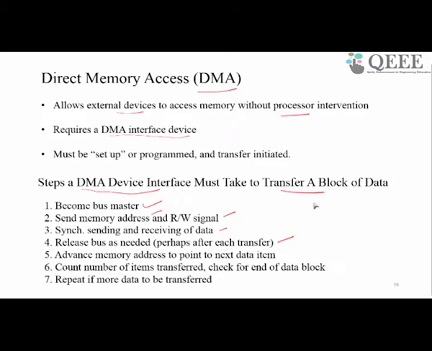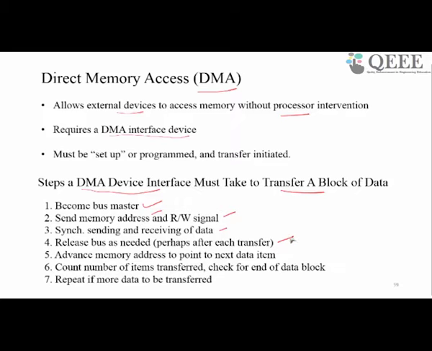While the processor is using the bus for accessing the memory, the DMA, whenever the bus is free, steals the bus and uses it. Or it can take the bus for a certain duration and complete an entire block of transfer.